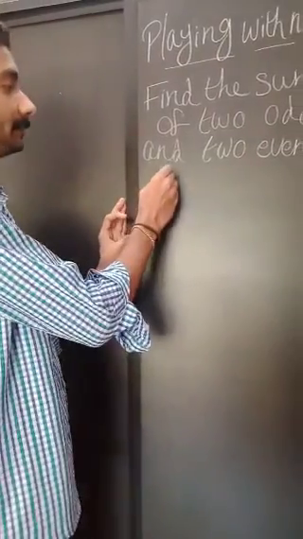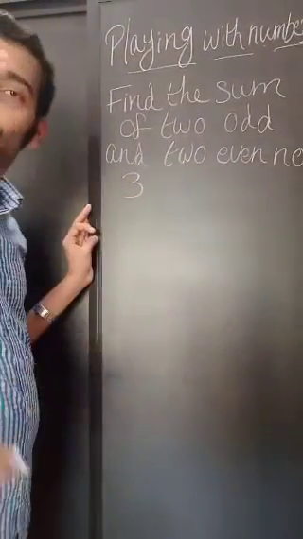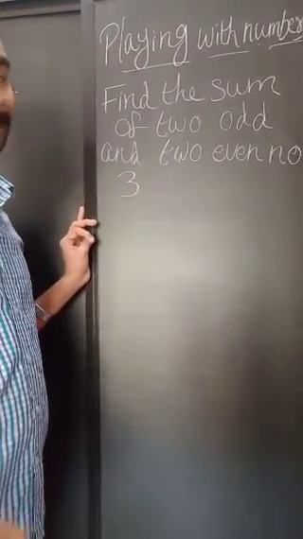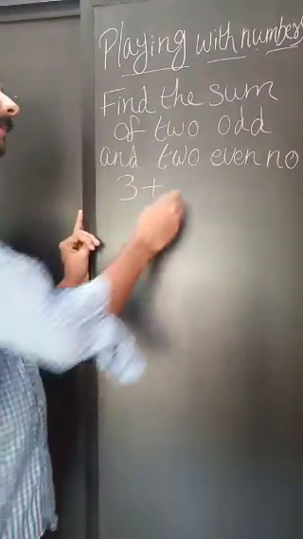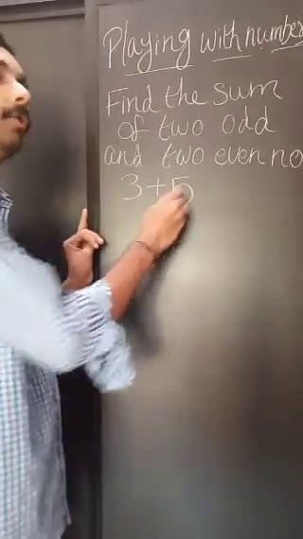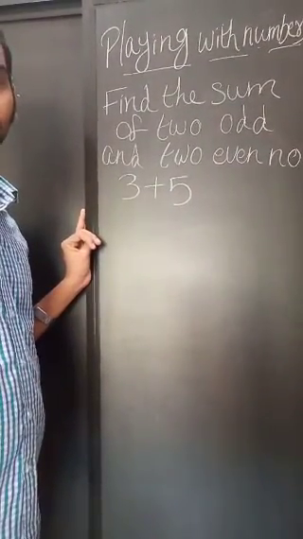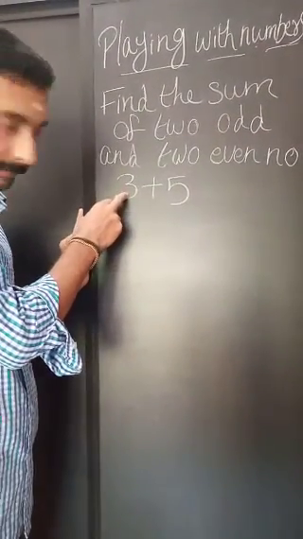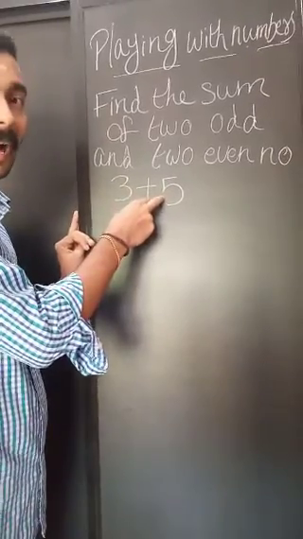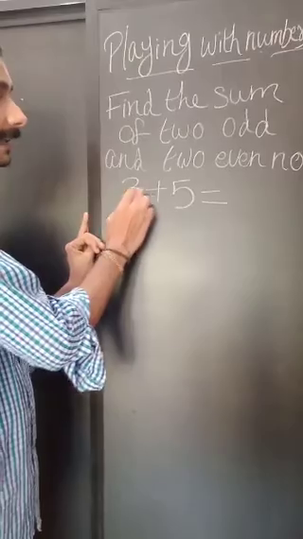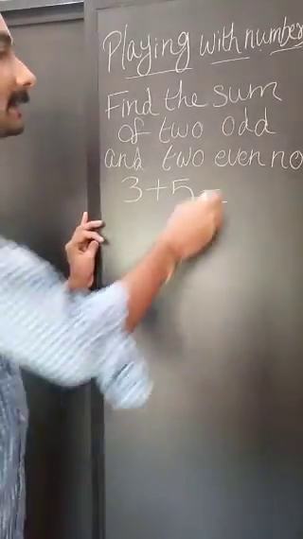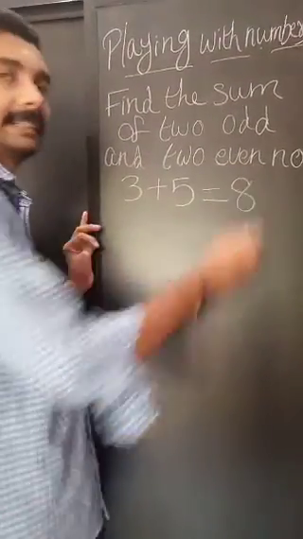I write 3, which is an odd number, plus another number, 5, which is another odd number. Then add 3 plus 5, which is 8.